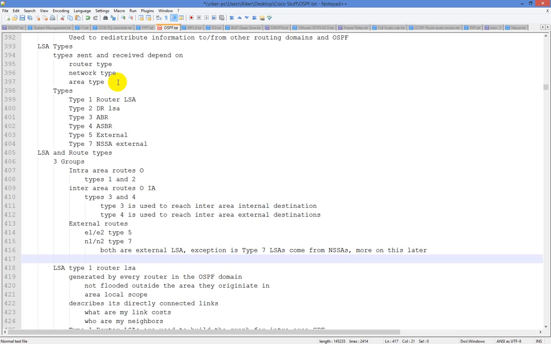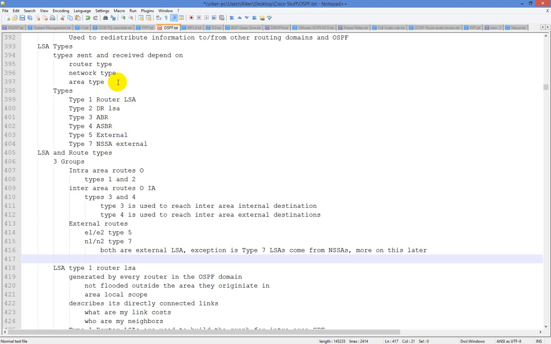Then we have Type 7 NSSA, or not-so-stubby area. Not-so-stubby area means that you are a non-backbone area. You're not accepting Type 5 external LSAs, but you're still going to allow redistribution into your area, which means you're going to be able to redistribute a route into OSPF or vice versa. But instead of advertising that as a Type 5 LSA, you're going to advertise it as a Type 7, because Type 5 LSAs are not allowed in stubs, regardless of what type they are.